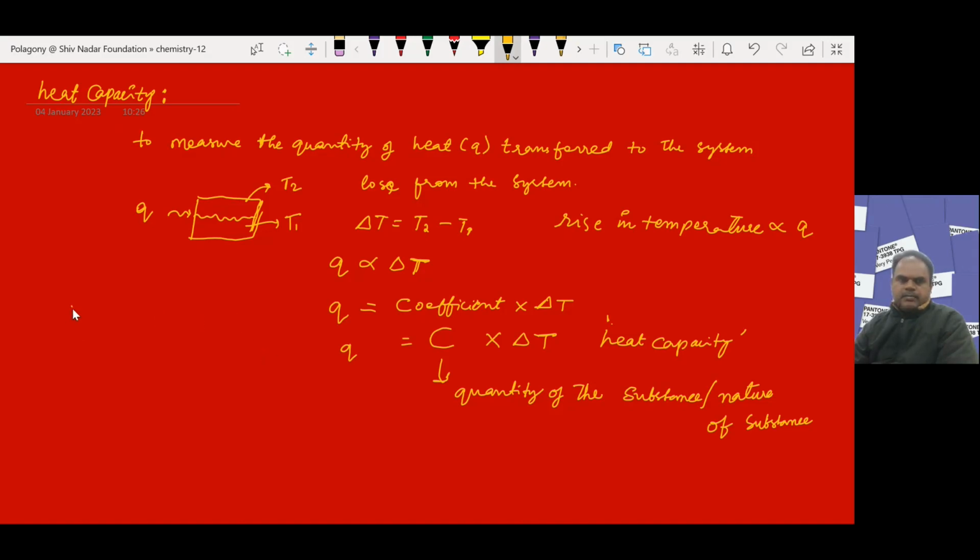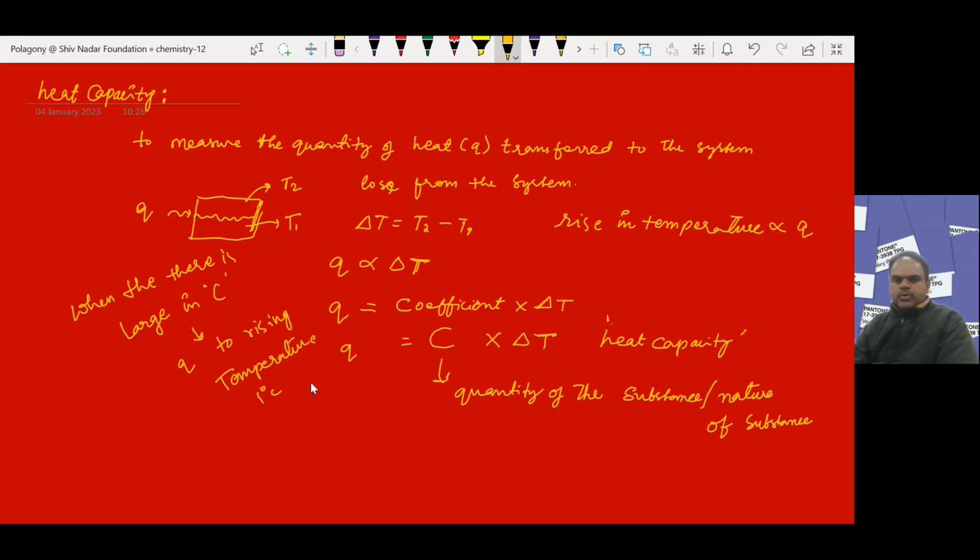When C is large, Q must be large for raising the temperature by 1 degree Celsius.